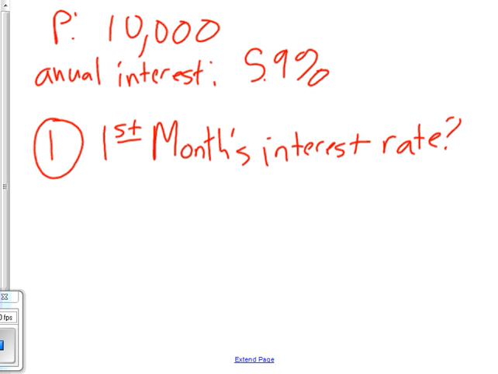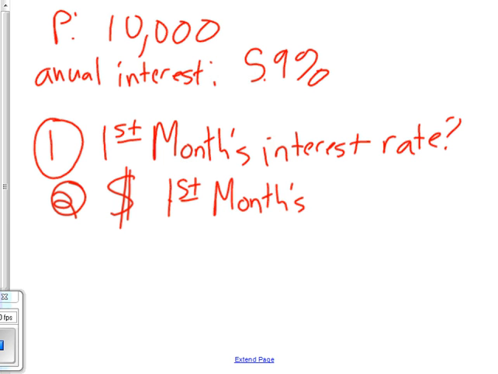Second piece will be what's the dollar value? So how much interest did you accrue in your first month? I'll get to your question here in just a second. Dollar amount of first month's interest. And let's just start with just those two pieces there.